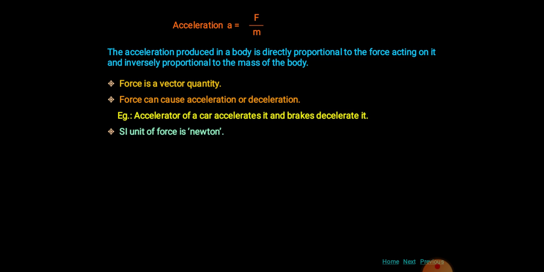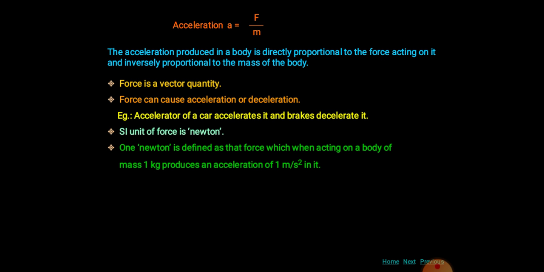So here we are discussing the SI unit of force, that is the Newton, and 1 Newton is nothing but the force which, when acting on a body of mass 1 kg, produces an acceleration of 1 meter per second square in it. We already studied the formula F is equal to m into a.